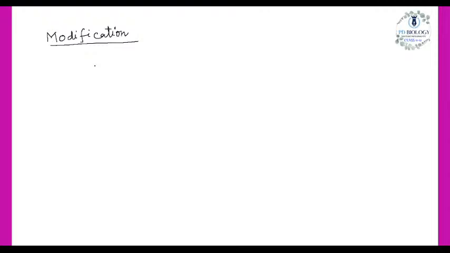That is, some roots are there, the swollen roots, they are developed for food storage.